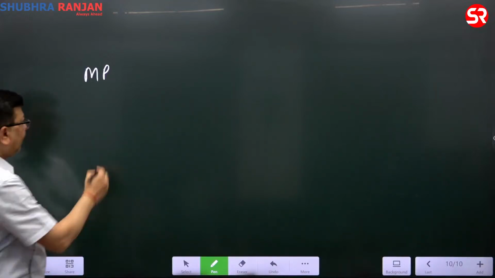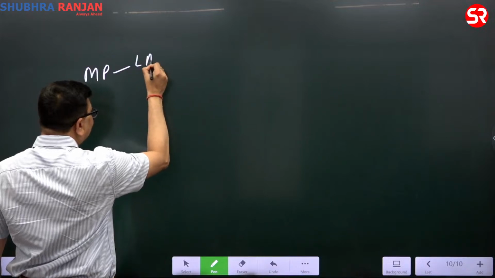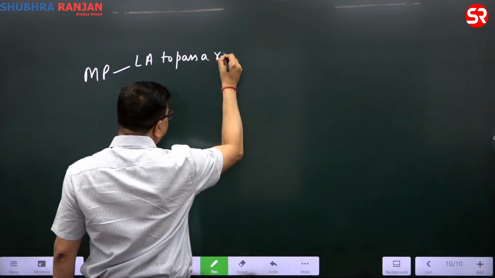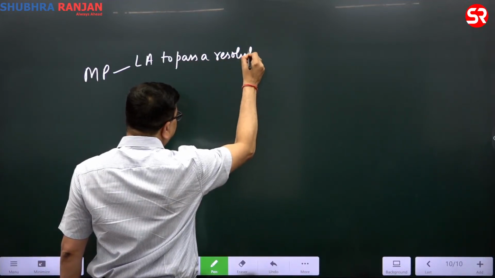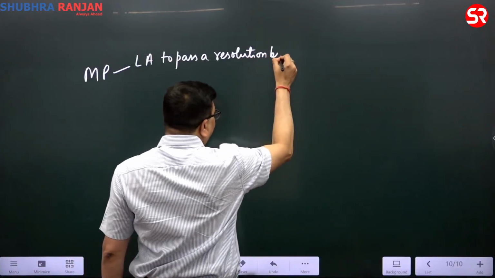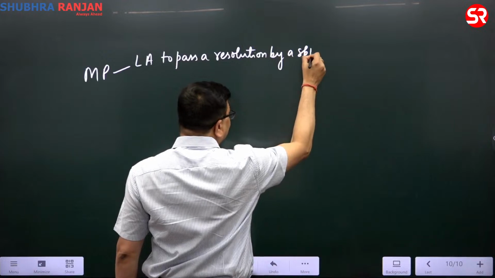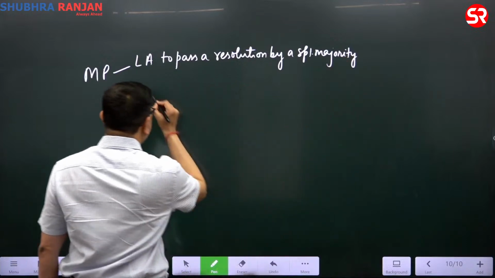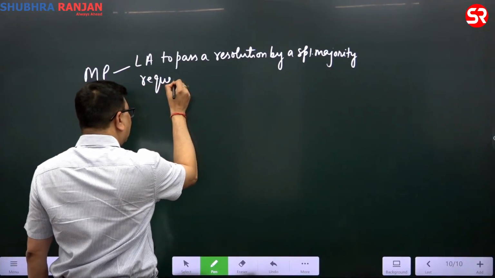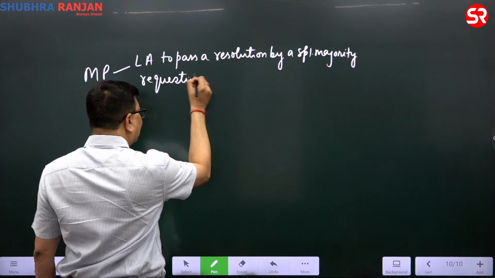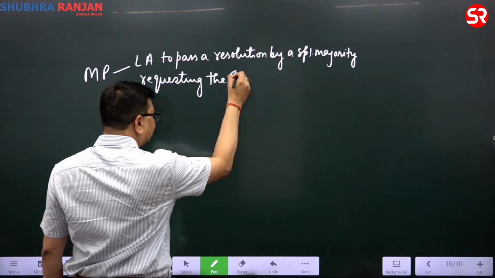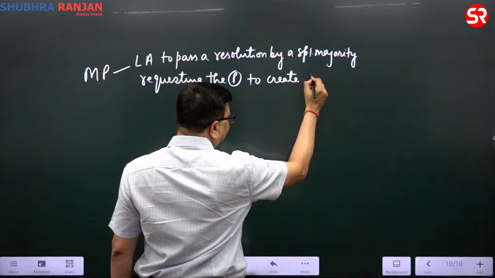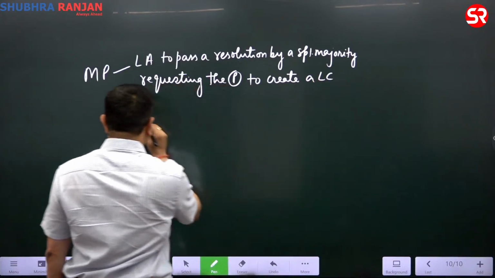Then the Madhya Pradesh Legislative Assembly has to pass a resolution by a special majority, the majority that we have written, requesting the parliament to create a legislative council for the state.